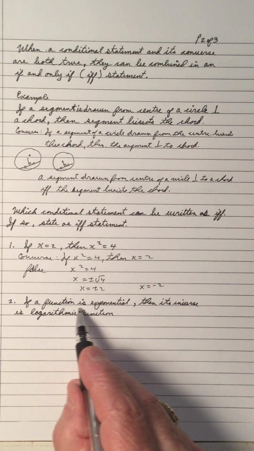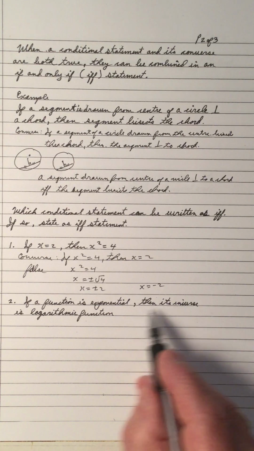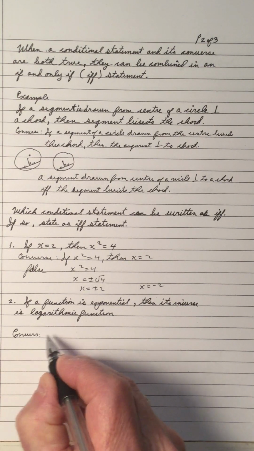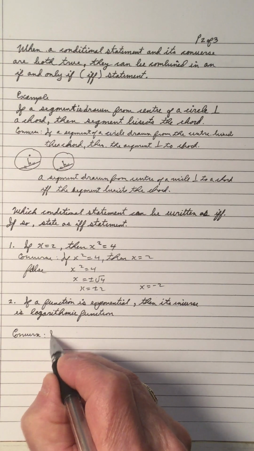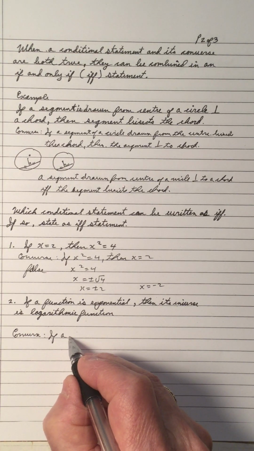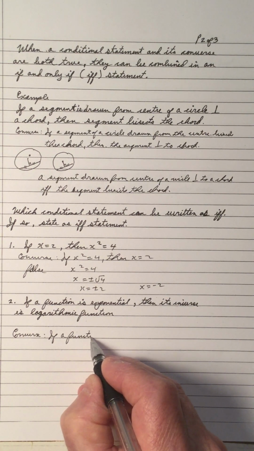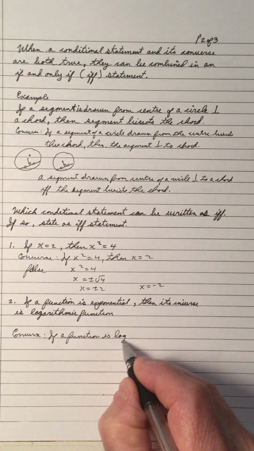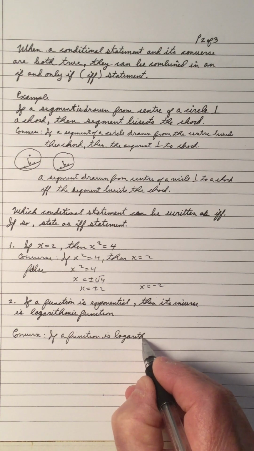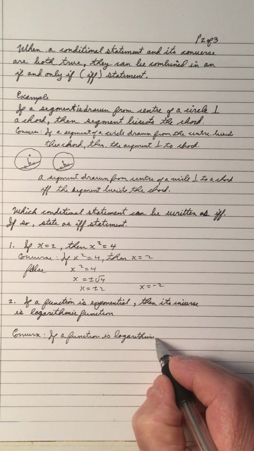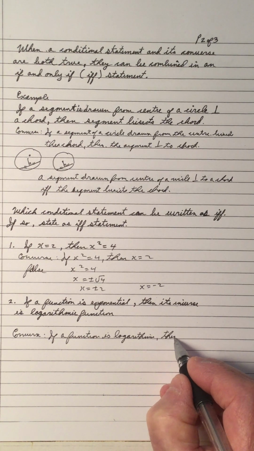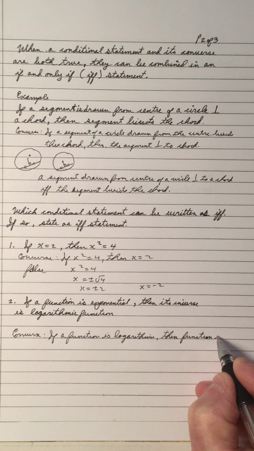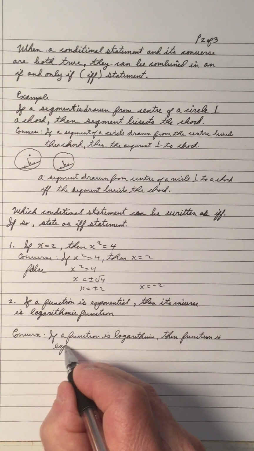Number 2, if a function is exponential, then its inverse is logarithmic. And the converse is, if a function is logarithmic, a log function, then the function is exponential.